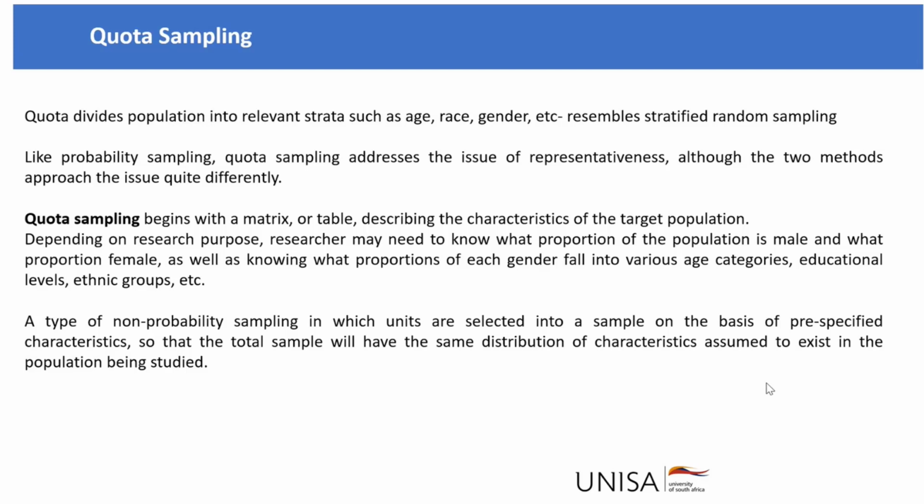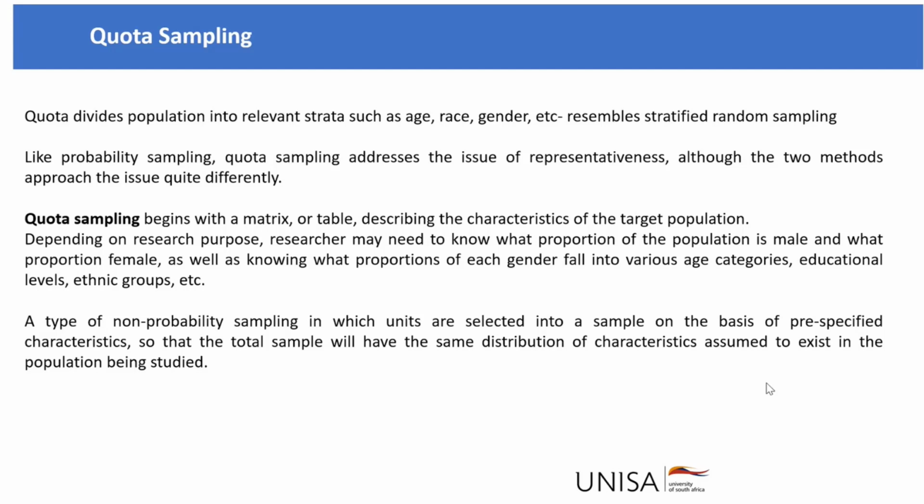What are they talking about? They really say this is how South Africa looks. There are black people in South Africa, Indian people, colored people, and white people. So when they look at quota sampling, what they say is that you need to look at that population or that team and you see a typical South Africa.